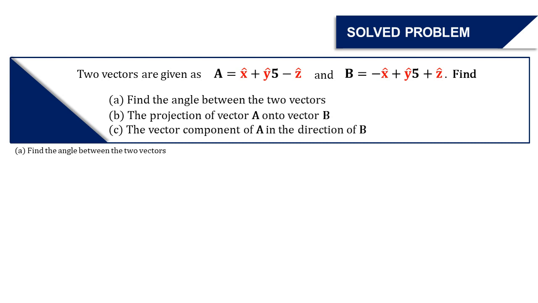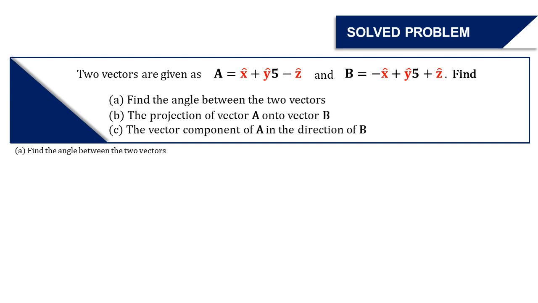So, consider we have two vectors given as vector a is equal to x hat plus y hat 5 minus z hat, and then another vector b is equal to negative x hat plus y hat 5 plus z hat.